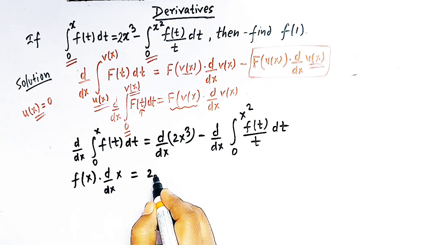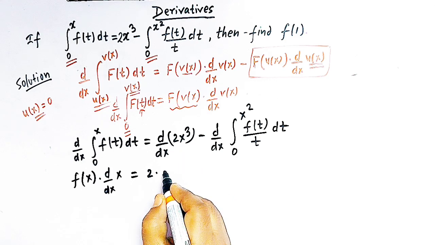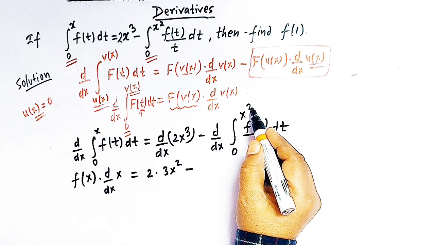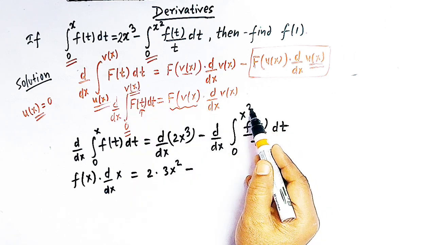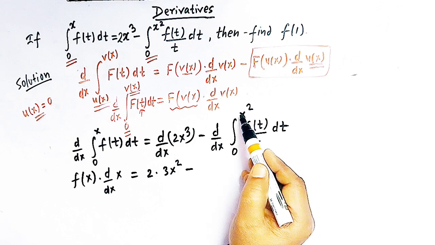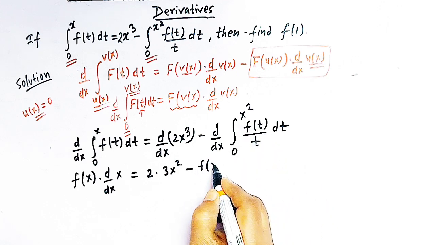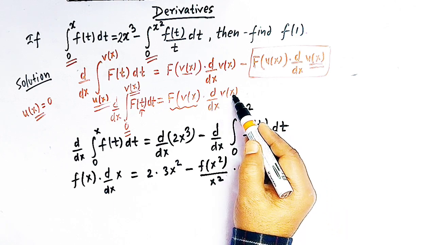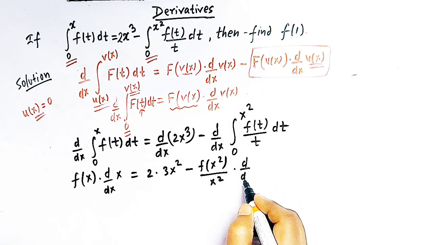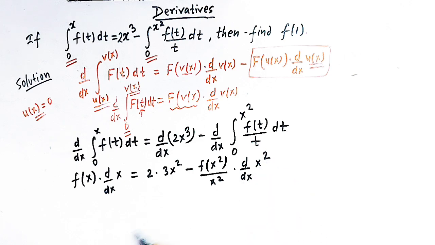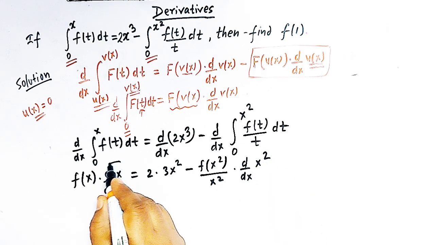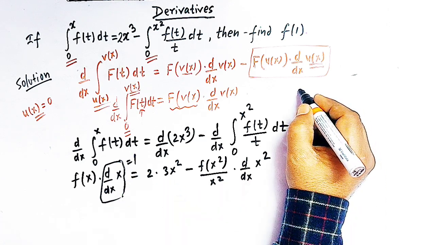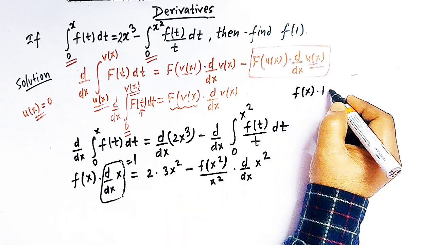And here we have 2, and the derivative of x cube is 3x square, and here v of x is now x square. So we'll replace all these t's by x square, that is f of x square over x square, and then the derivative of v of x. So we have here d by dx of x square, right? So now here this term is equal to 1. So we have simply f of x here multiplied with 1.